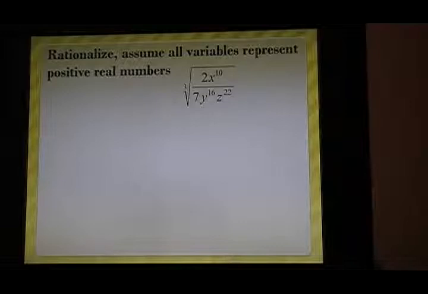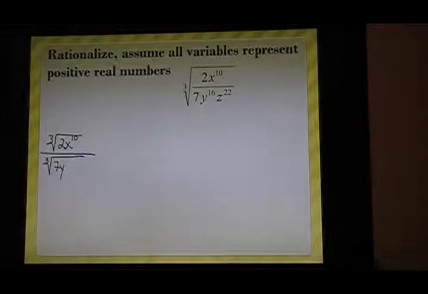So I would start doing the same thing, splitting it into the cube root of 2x to the 10th over the cubed root of 7y to the 16th z to the 22nd. So recognizing that regardless of any simplification, I'm still going to have to rationalize, I often start with the rationalizing.